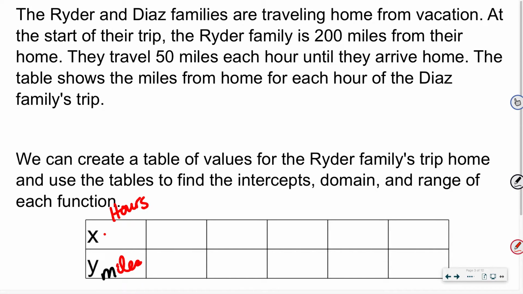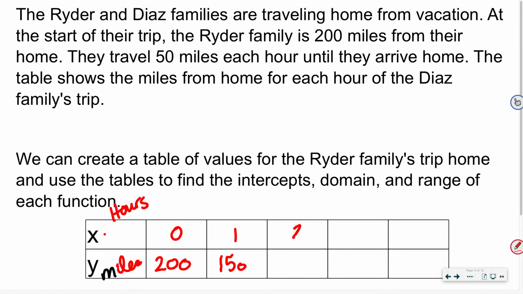So do we have values that we could put in? Y is the 200. Okay, so 200 miles when? What would our x be there? 0. Because before they even started driving home, they had 200 miles to go. Then what happened after 1 hour? 150. So how much is their distance now? 150.